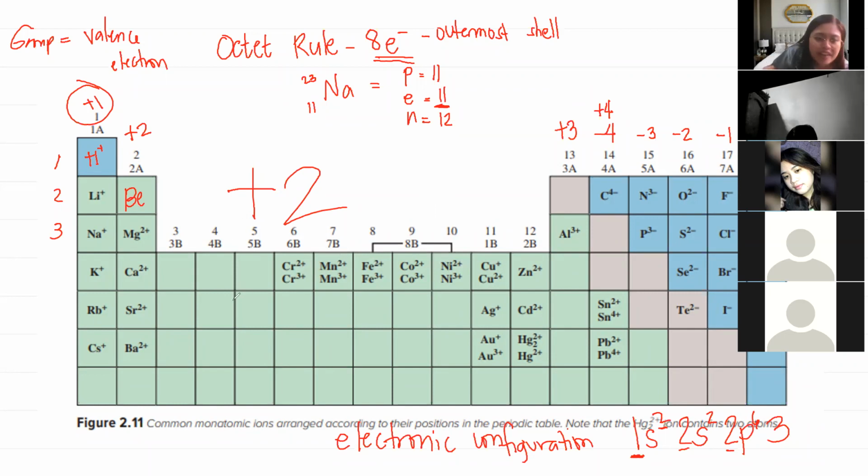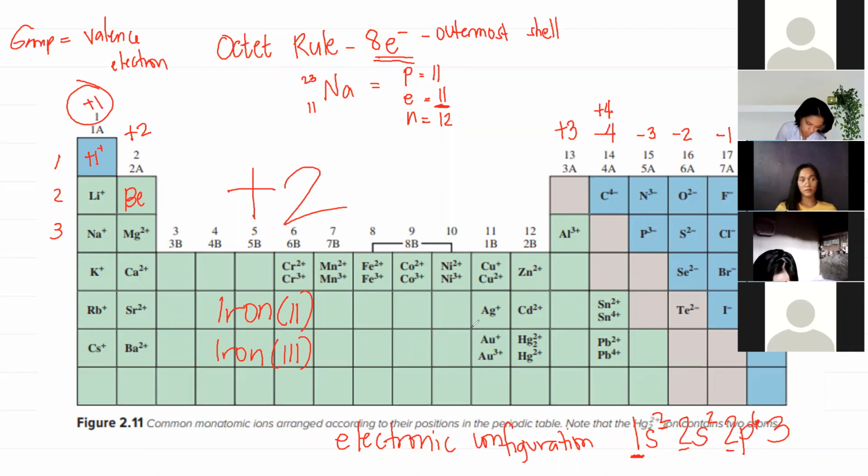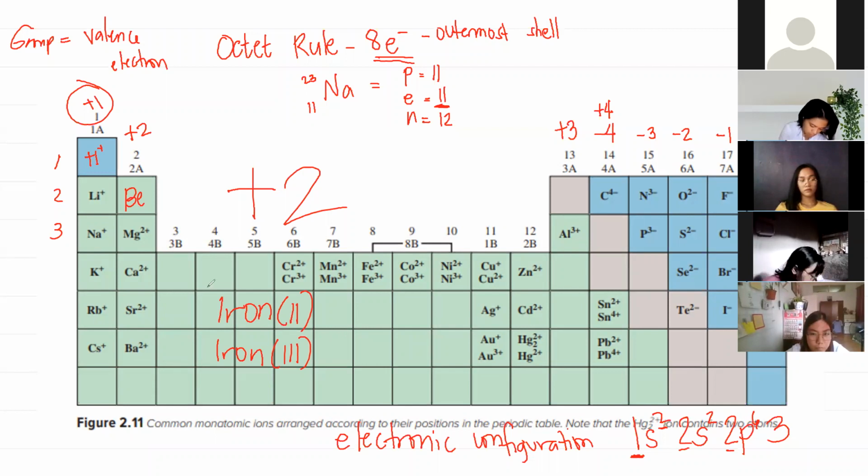So when we write their names, we write them like iron 2 or iron 3. This is how we write their names, because they have two possible oxidation states: iron 2 or iron 3. That's the formal way according to IUPAC, the International Union of Pure and Applied Chemistry.